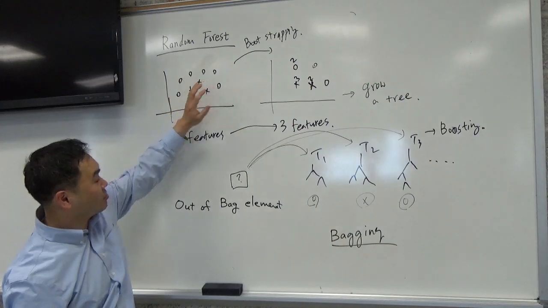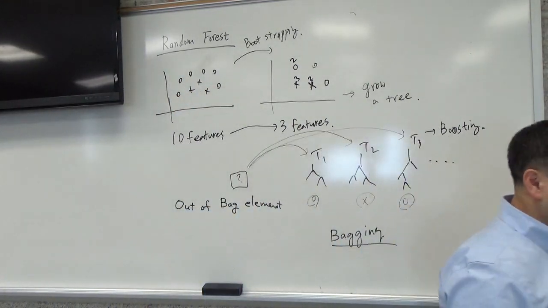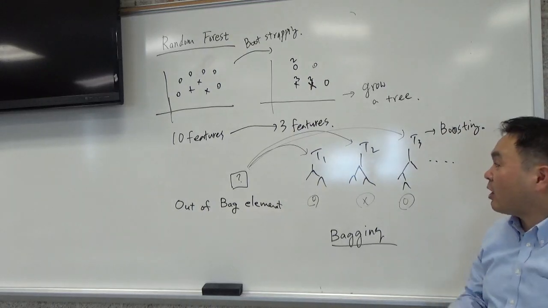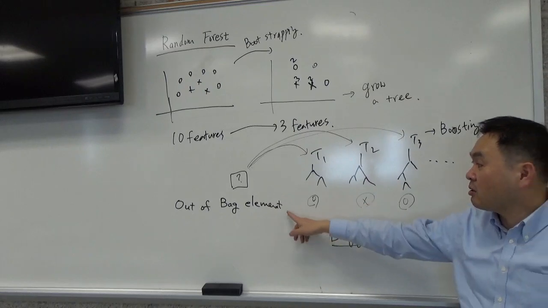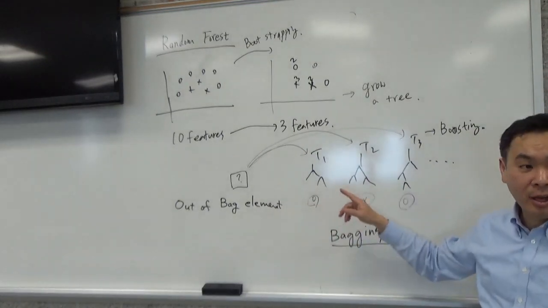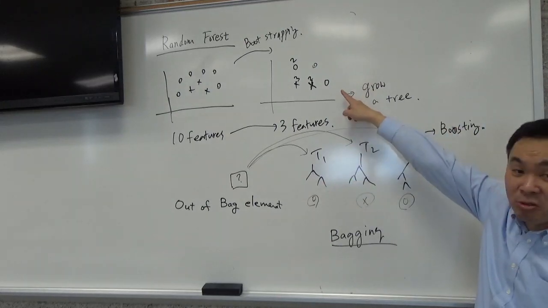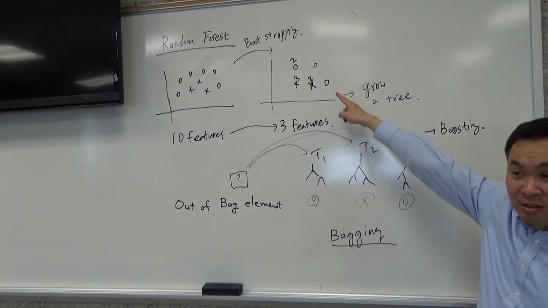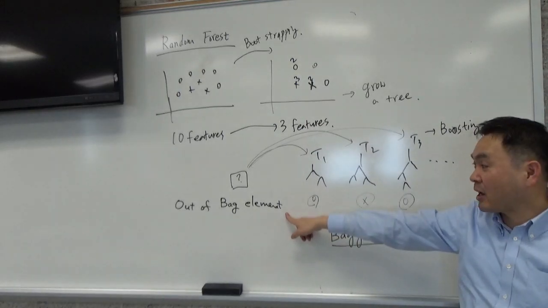So these 3 items are what's called the out-of-bag elements. And these are important in figuring out how accurate your decision tree is. You take an out-of-bag element, and you can put it back into the tree that's being trained. And if it correctly identifies the out-of-bag element, that's good.